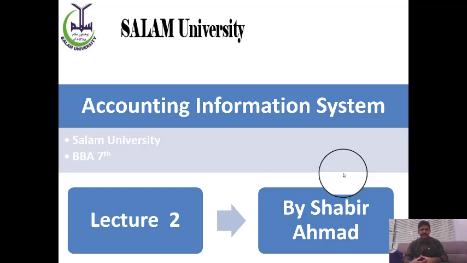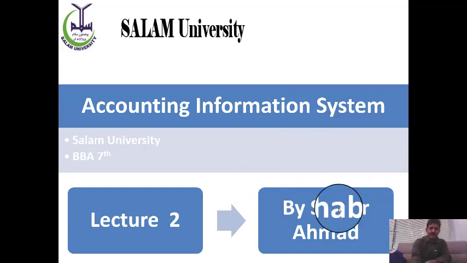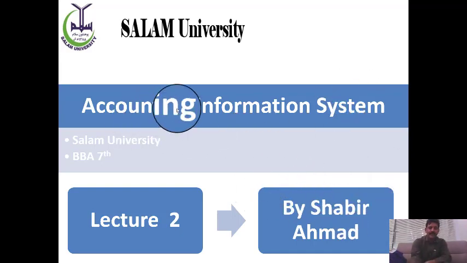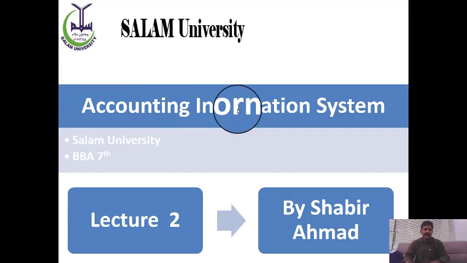Accounting information system is a system which collects data, stores data, and then processes the same data into meaningful information. For what purpose? For manager decision making, as the managers are supposed to perform various functions in the business.